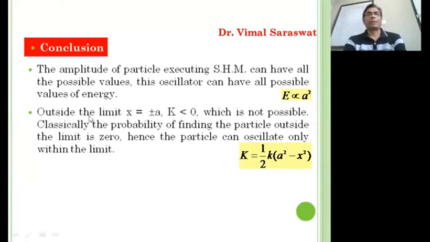It means outside the limit x is equal to plus minus a, K is negative, which is not possible. So classically the probability of finding the particle outside the limit is 0. So we can say that the particle can oscillate only within the limit.